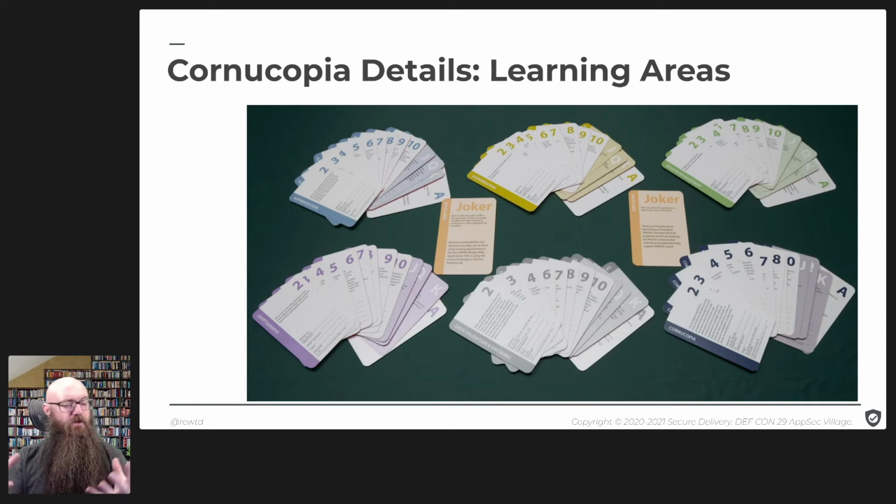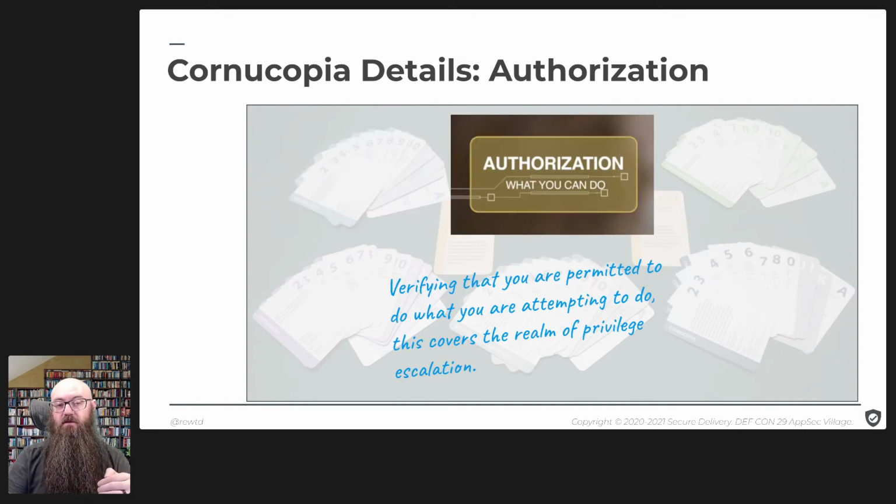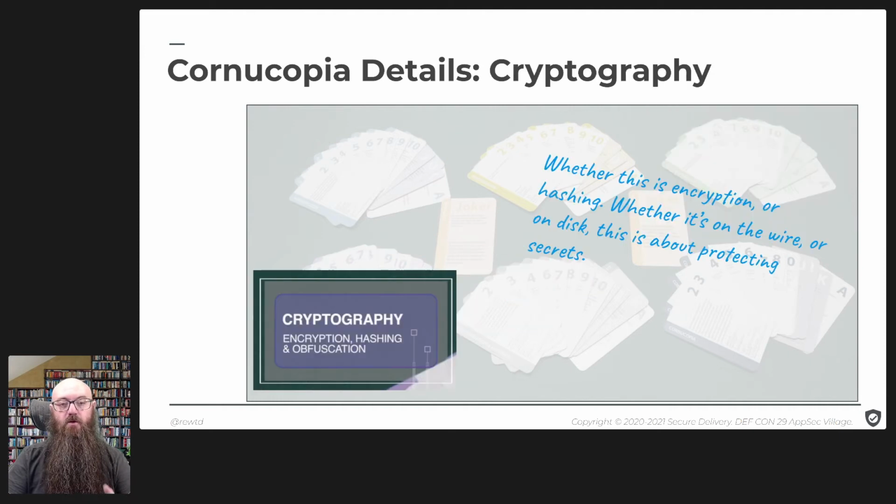Cornucopia, or the OWASP Top 5, is made of 6 things. You'll see why in a second. Those 6 things are AuthN, who you are; AuthZ, what you're allowed to do; session management, the how and how often we check auth; cryptography, which is the secrets, the hashes, and the poor choices.